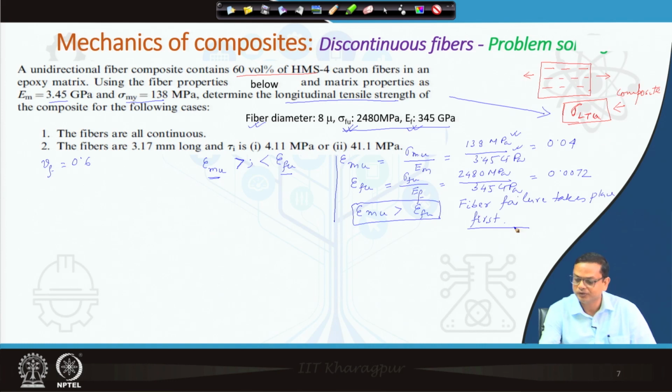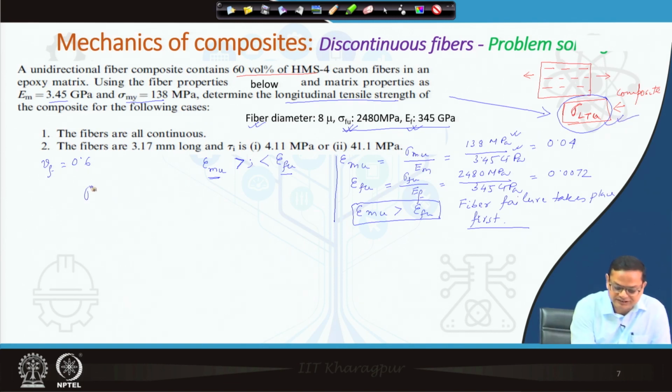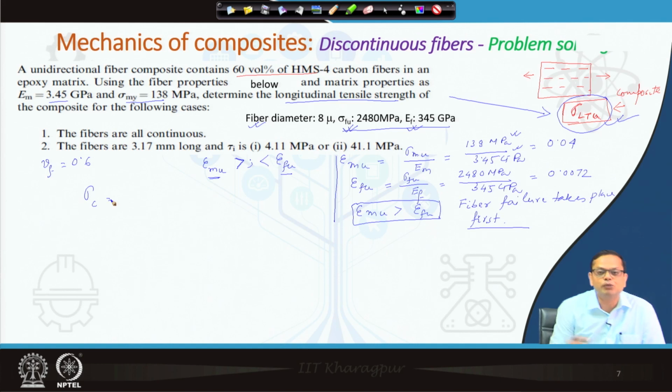Because now if you remember the equation of sigma LTU, let us look into this equation. Now, sigma C of the composite material is what? In case of continuous, we are talking about the first case where the fibers are continuous fibers.